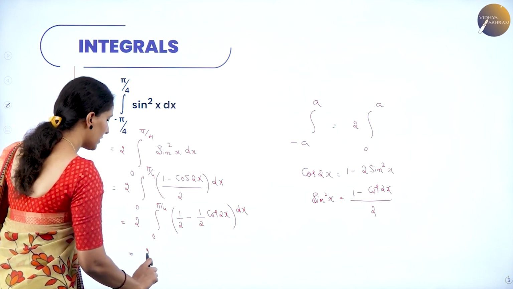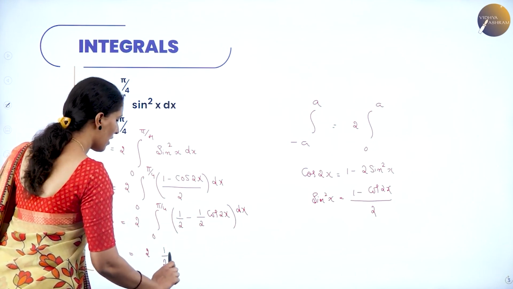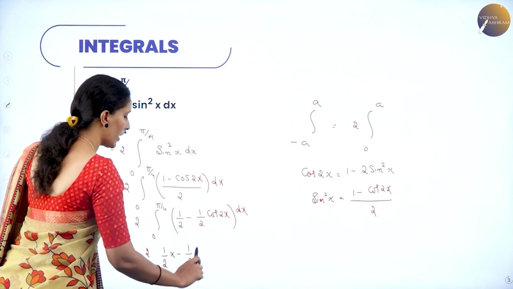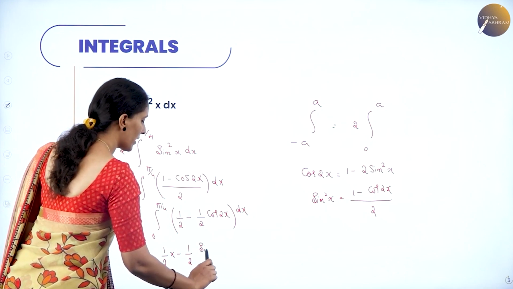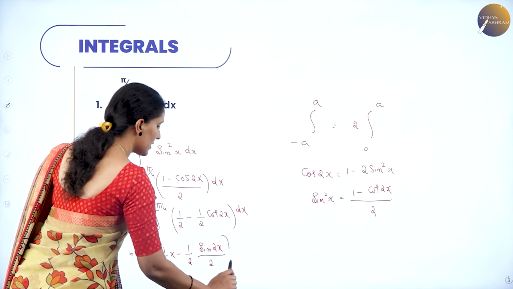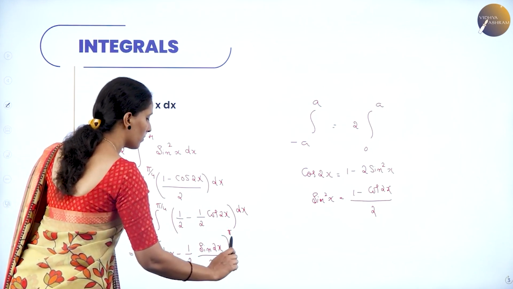After evaluating the integral, since you have half with respect to dx, you will get half into x, and minus half is already there. Cos 2x integrates to sin 2x by 2. Let us apply the limit from 0 to pi by 4.